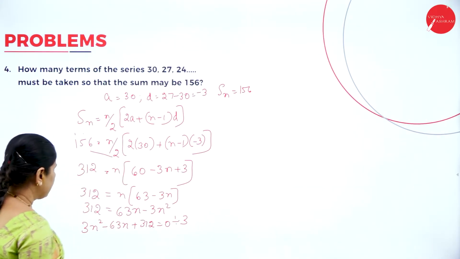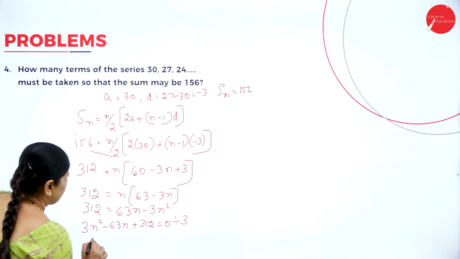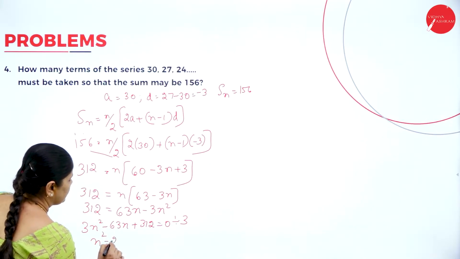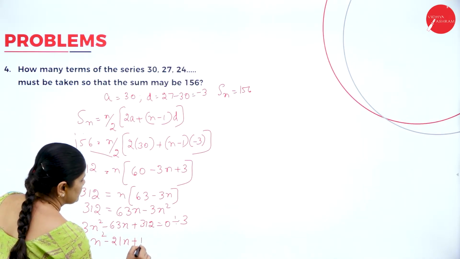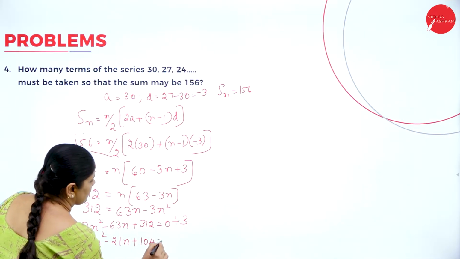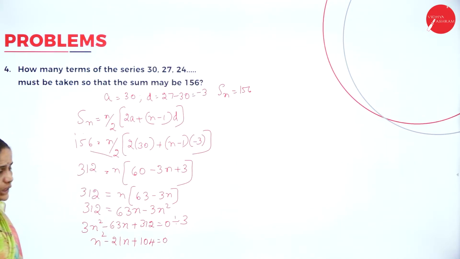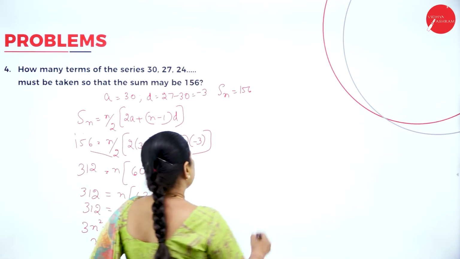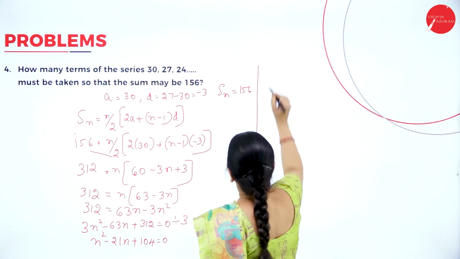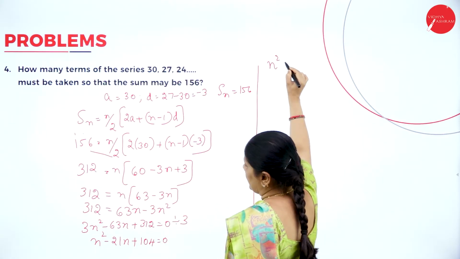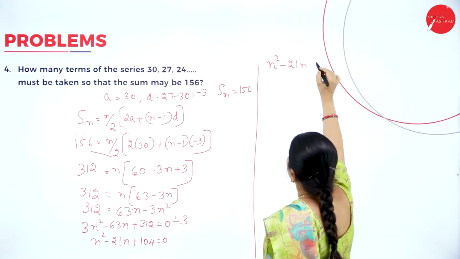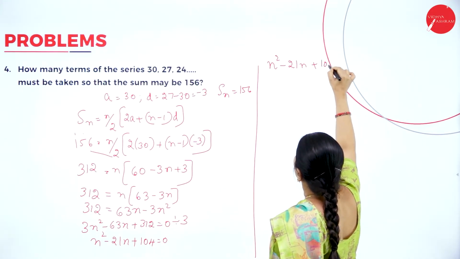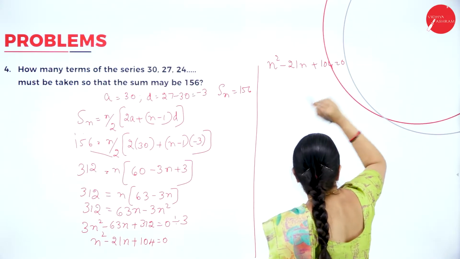When I divide by 3, I get n square minus 21n plus 104 equals 0. So the equation is n square minus 21n plus 104 equals 0.